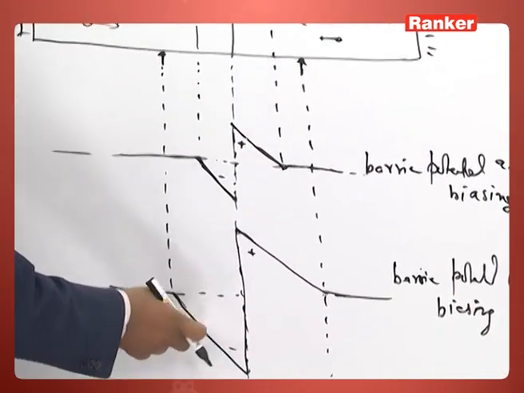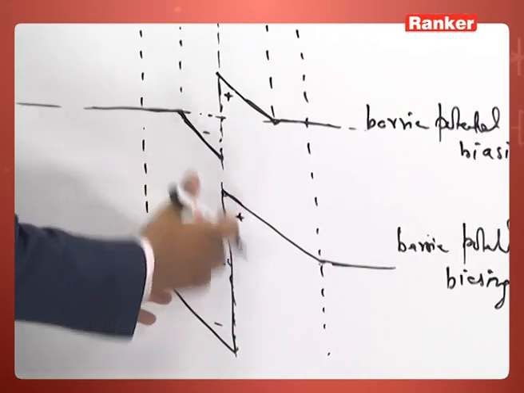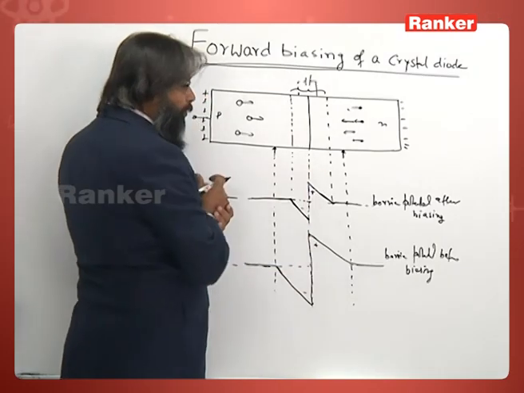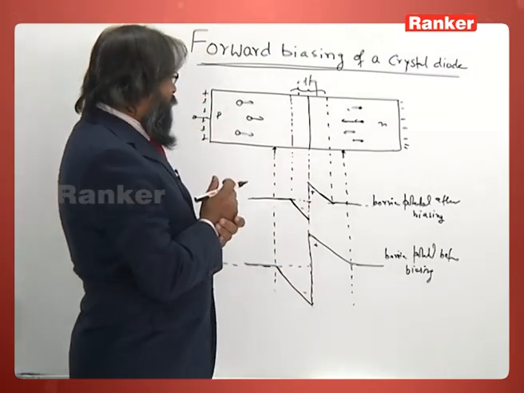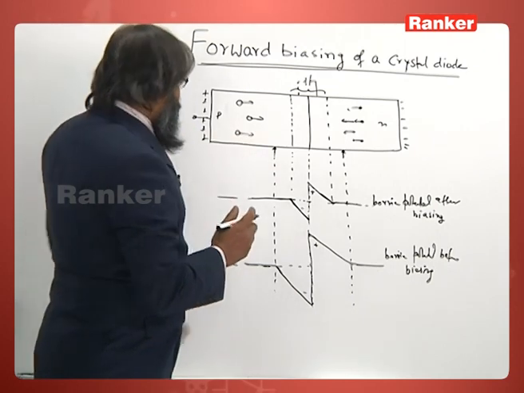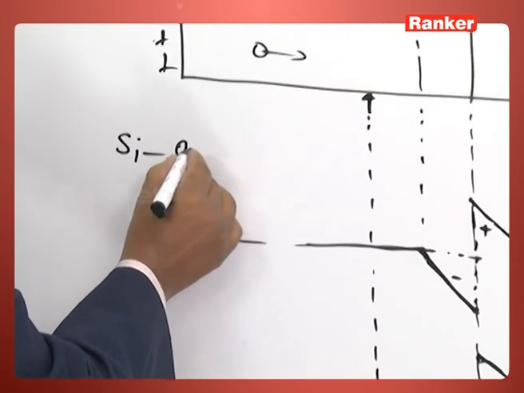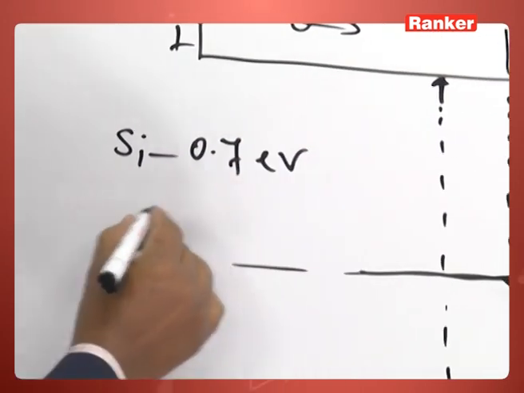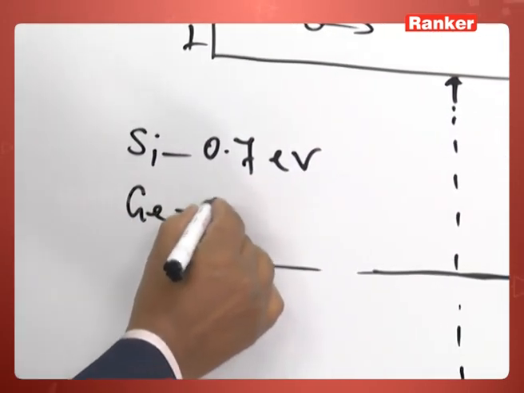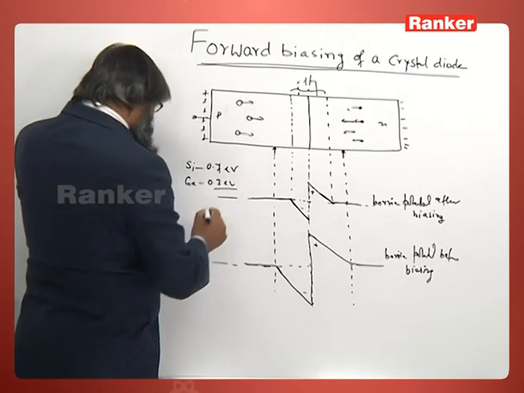So you see the initial potential barrier was very high like this, now it is reduced to this. The potential barrier for silicon is nearly 0.7 electron volt and for germanium is 0.3 electron volt.